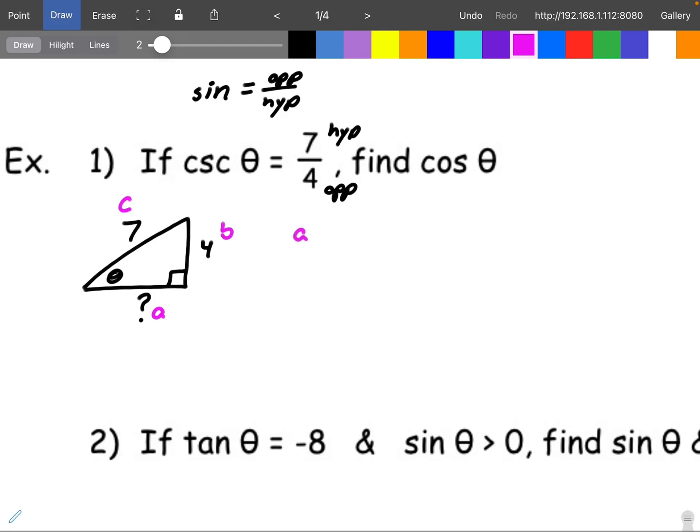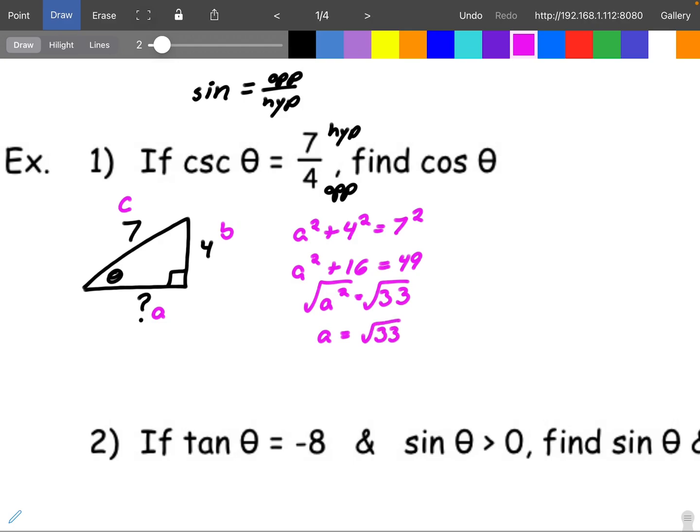So if I have A squared plus B squared equals C squared, then that's A squared plus 16 equals 49. Then I subtract 16, and I get 33. Then to get A, I have to take the square root. So A is going to be the square root of 33, and the square root of 33 cannot be broken down.